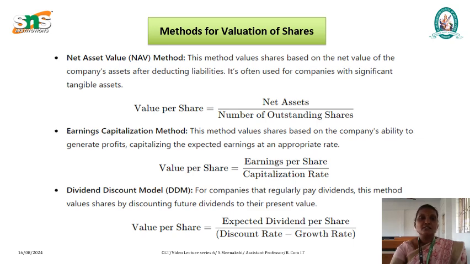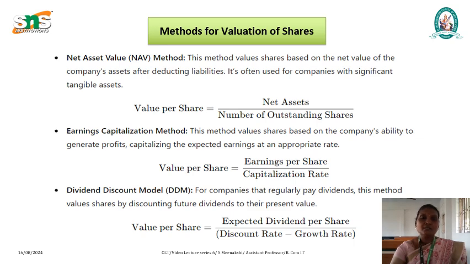Then the last topic is methods. There are different methods adopted for calculating the valuation of shares. The prominently used method is called the net asset value method. As the name indicates, the main focus is given to the overall net assets of the company. The second method is the earnings capitalization method. Here, the main focus is on the company's ability to generate profit.